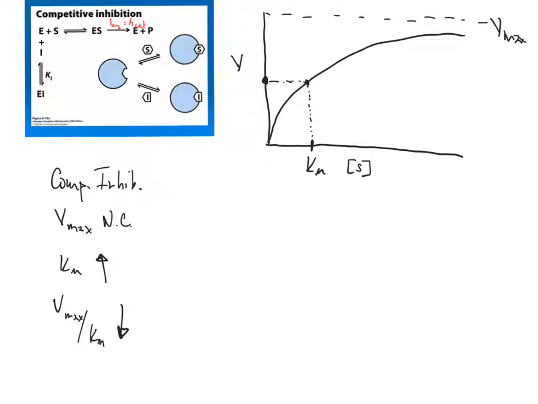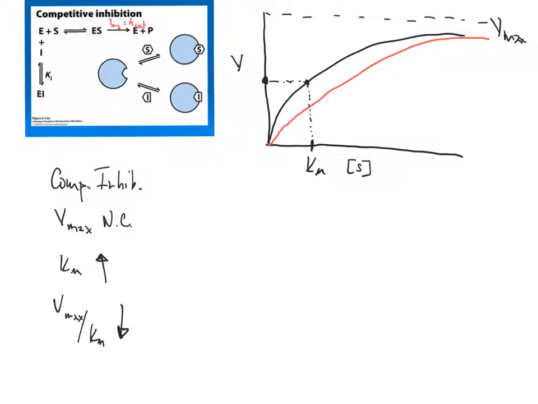Okay, so I'm going to draw it in this color for the inhibitor. What that means is the Vmax is going to be the same, but Km is increasing. Ooh, that's not too shabby. So the Vmax is, in theory, going to be the same right there.